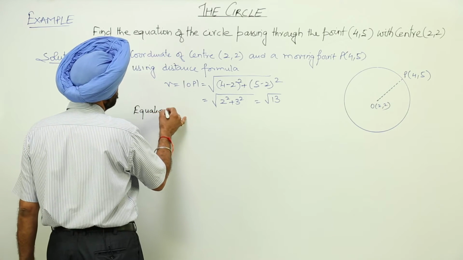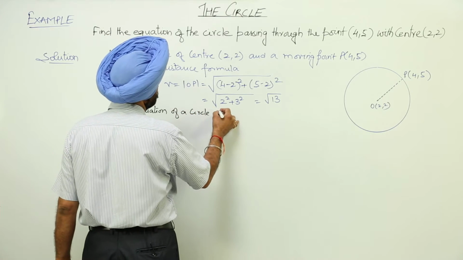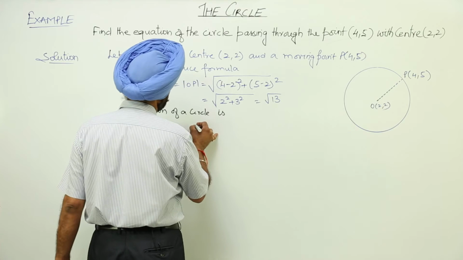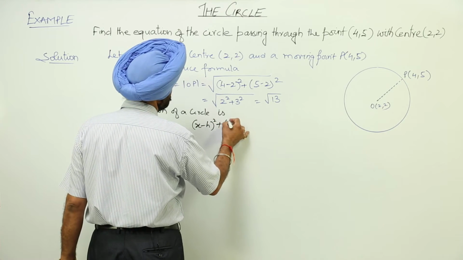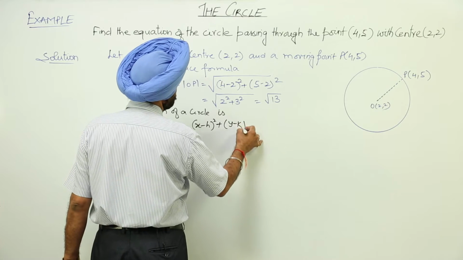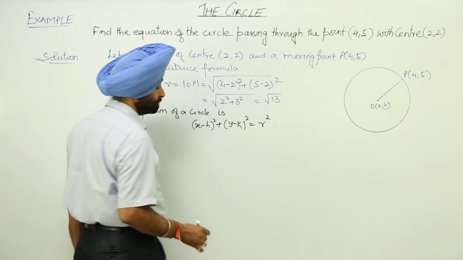Equation of a circle is (x minus h) whole square plus (y minus k) whole square is equal to r square.